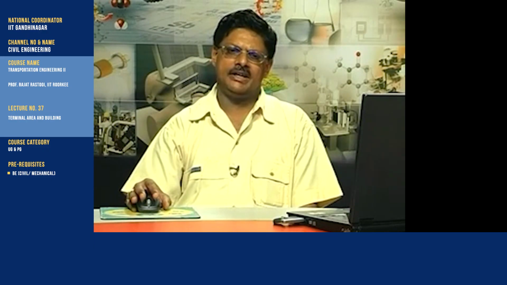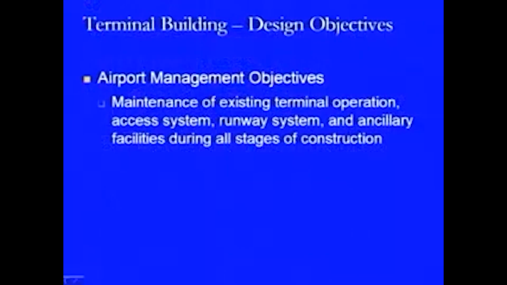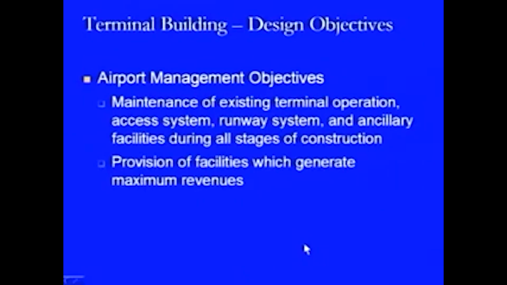Then we can look at the objectives from the perspective of airport management, and in that case they require the systems for the maintenance of existing terminal operations, the access systems, the runway systems and the ancillary facilities during all stages of construction. So, that is one thing which is related to airport management. Then there is the provision of facilities which generate maximum revenues.